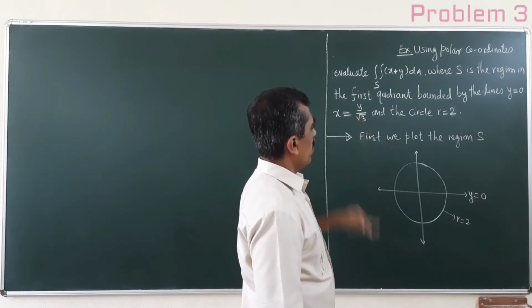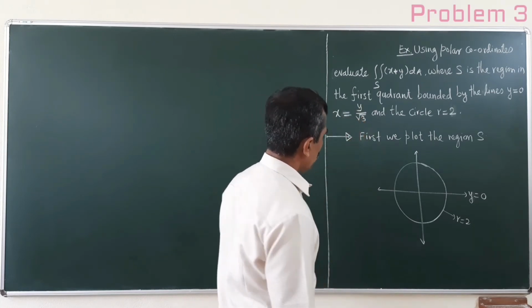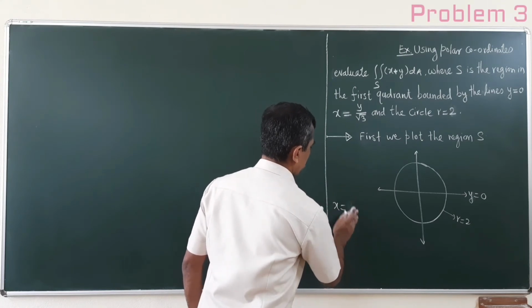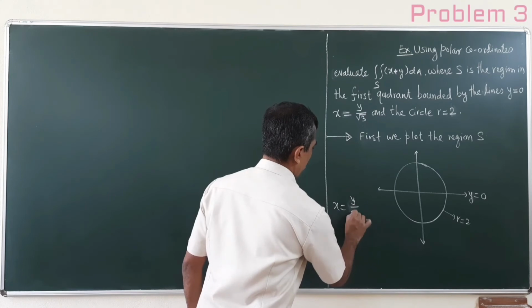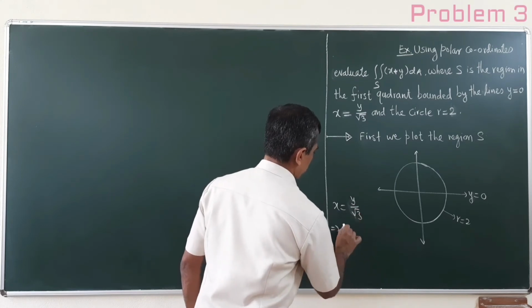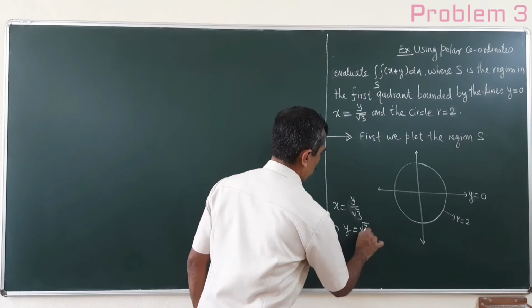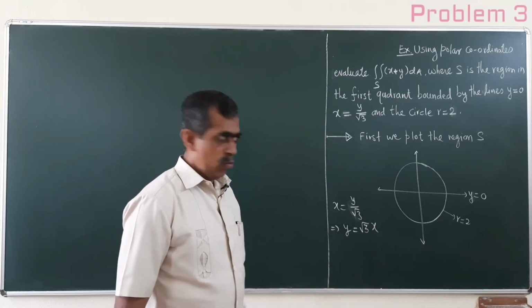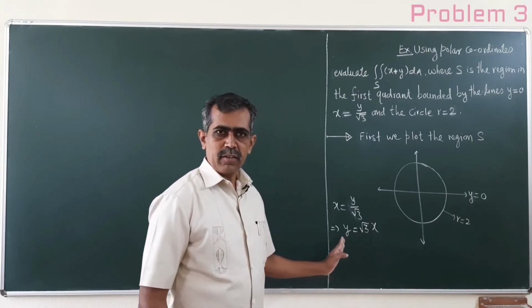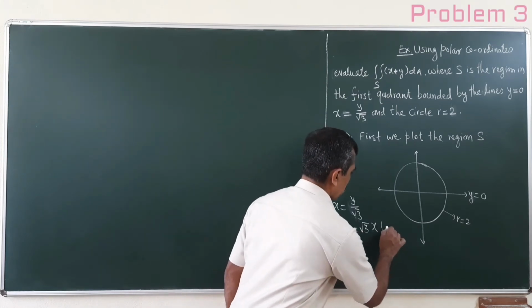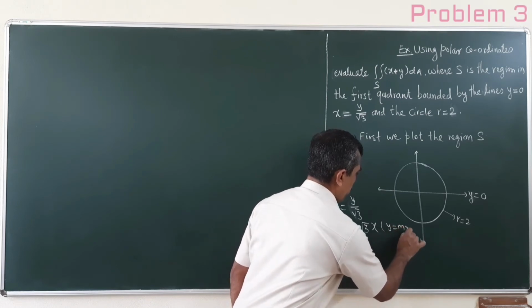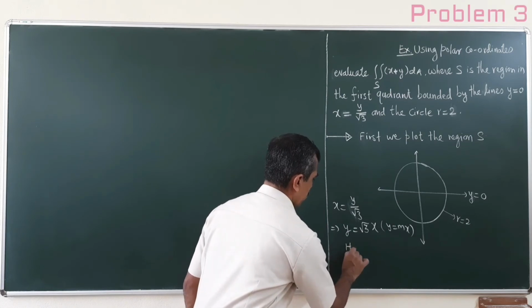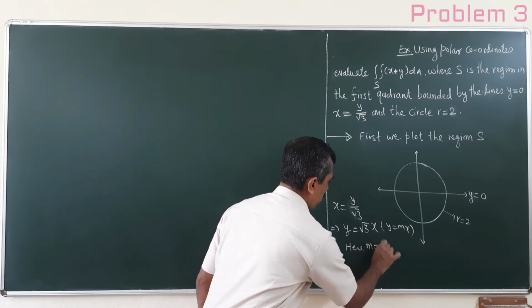Now x is equal to y upon root 3, which implies y is equal to root 3 x. Do you observe how this is of the type y is equal to mx? Here m is equal to root 3.